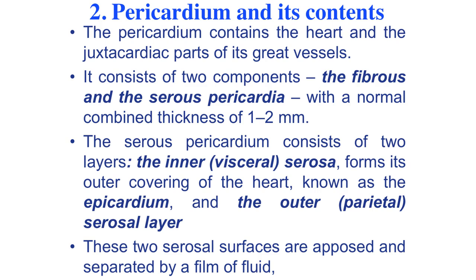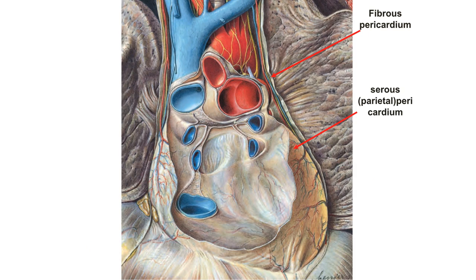And the outer one, just outer to the visceral pericardium, is the parietal layer of the serous pericardium. These two layers leave a space between, and this space is called the pericardial cavity. Within that pericardial cavity, a thin film of fluid is normally present to reduce friction between these two layers.